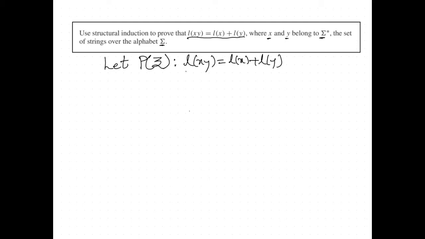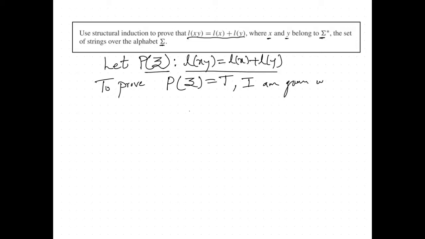So what I want to prove is L of xy is equal to L of x plus L of y, and I am denoting this whole thing with P of Z. So indirectly, to prove P of Z is equal to true, I am going to use two steps of structural induction.